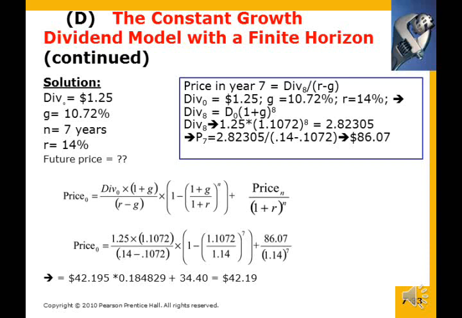I said in previous slide that I can find any price at time t by using the rule of PT equal dividend t plus 1 over r minus g. So I can find the price at time 7 equal dividend 8 over r minus g.